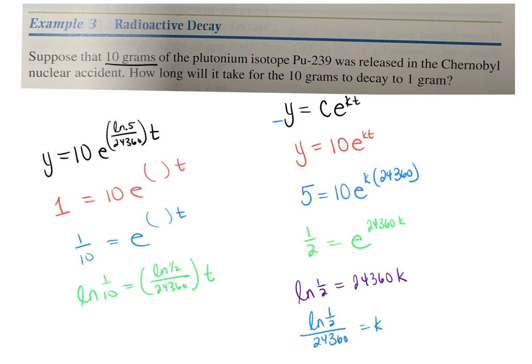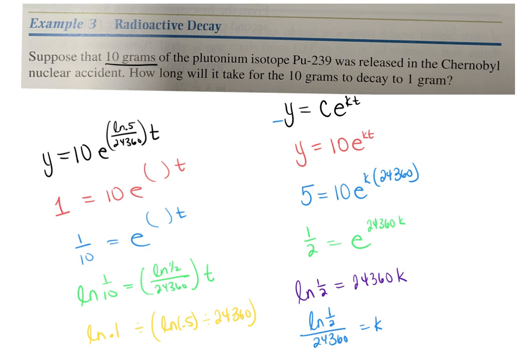So in your calculator, you can actually do all of that. It looks gross, but that's why I don't round in the process, because I don't want to write down all the zeros. So in my calculator, I'm going to put it all out there. I'm going to say natural log of 0.1, divided by, and I'm going to put parentheses here to force it to do the division first, the natural log of 0.5 divided by 24,360.